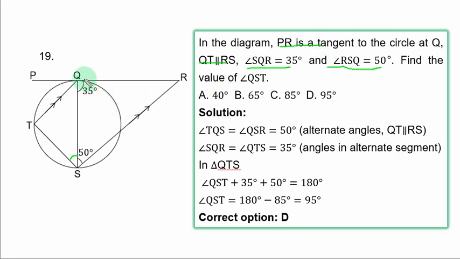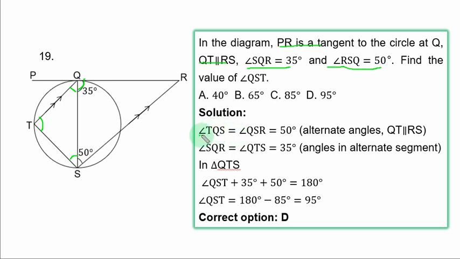Now you can relate this angle to this angle in the same segment, angles in alternate segment, and because this line and this line are parallel, this angle 50 is equal to this angle, alternate angles, because QT is parallel to RS. So we have triangle QTS, we can get angle QST from there.